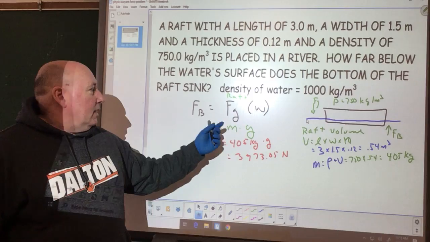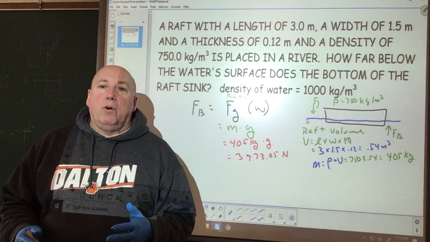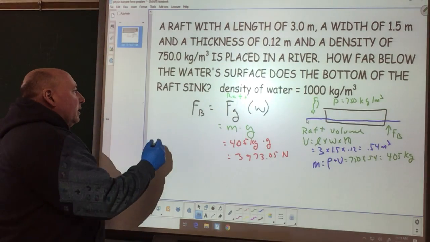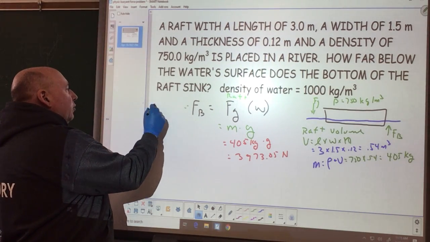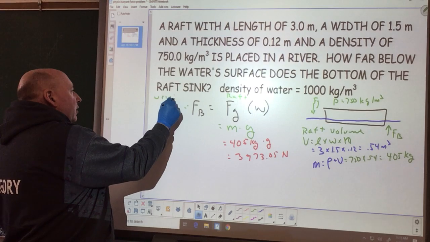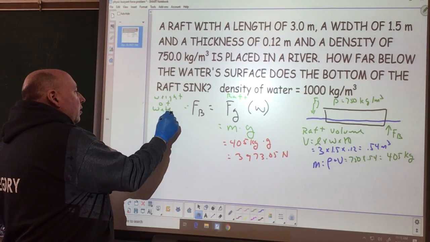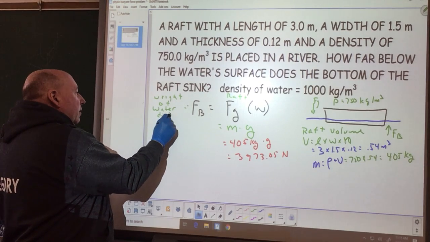Now the question is, how do I find this buoyant force? If you remember back, this buoyant force is also equal to the weight of water displaced.